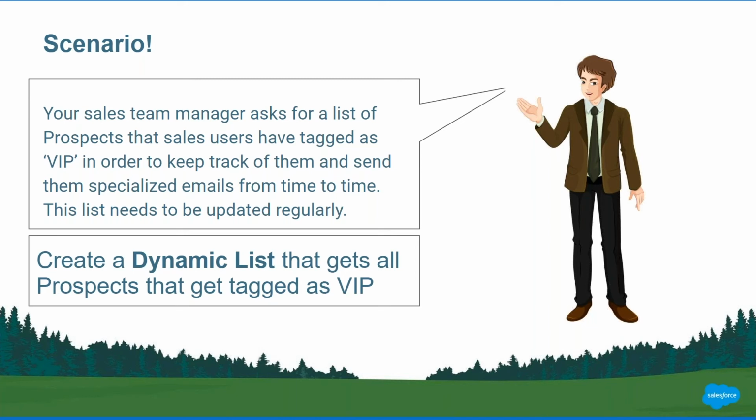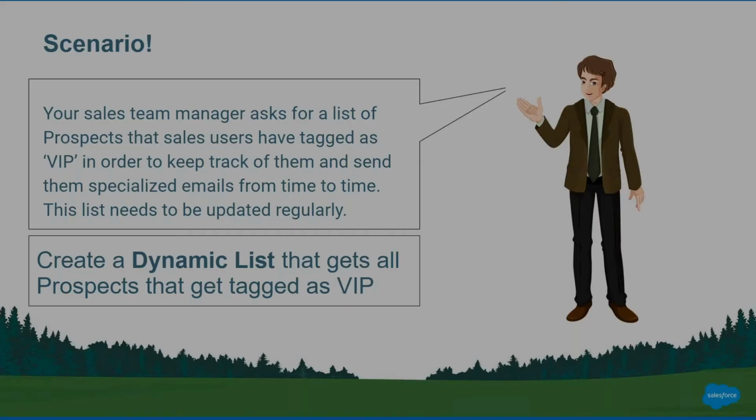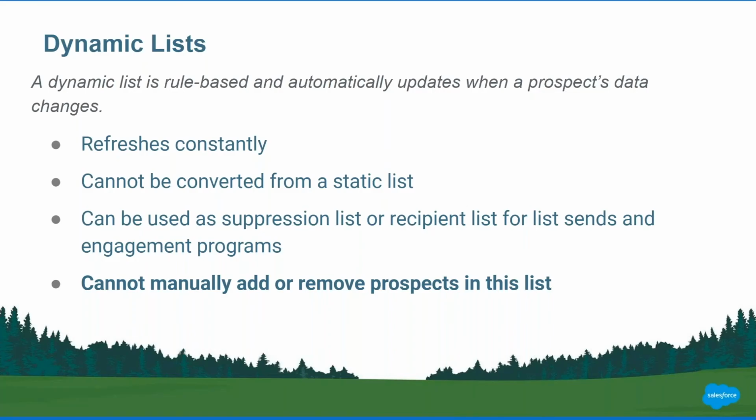A dynamic list is different from a static list in the sense that, based on the criteria that you define, it's going to automatically add and remove prospects from that list. So you create a dynamic list that gets all the prospects tagged as VIP. Here are some of the things you should remember about dynamic lists. A dynamic list is rule based and automatically updates when a prospect's data changes.